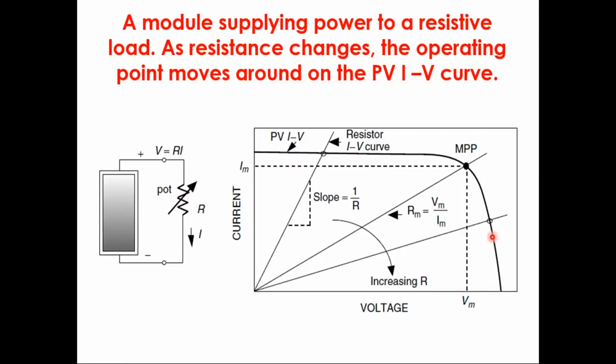Similarly, we will connect the PV module with a resistance or a rheostat. In this case, R will be varied from its minimum value to its maximum value. We have multiple operating points with different slopes of R, but at MPP, the maximum power point, we get RM, which equals Vm upon Im.